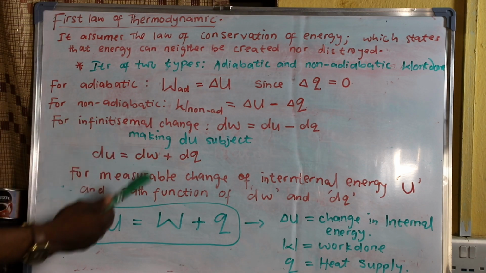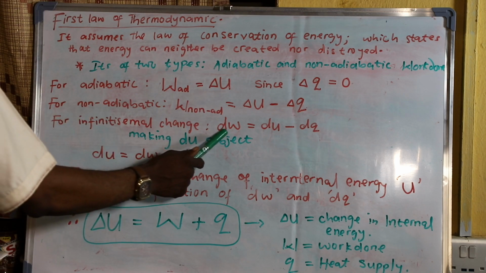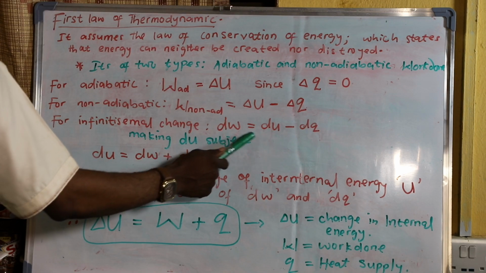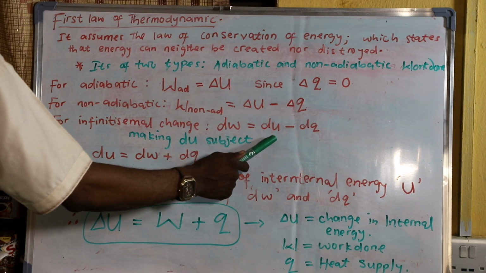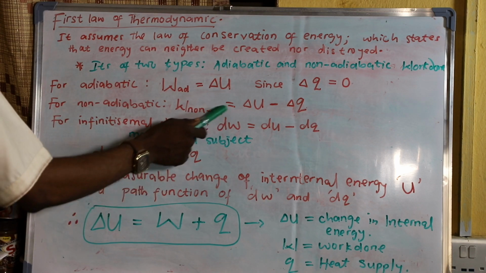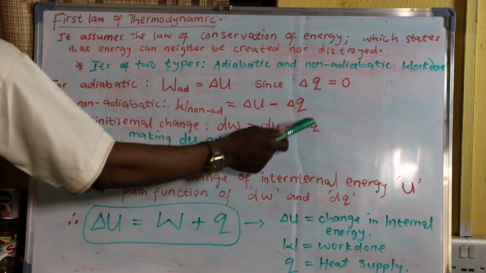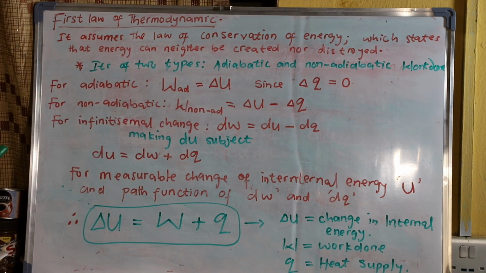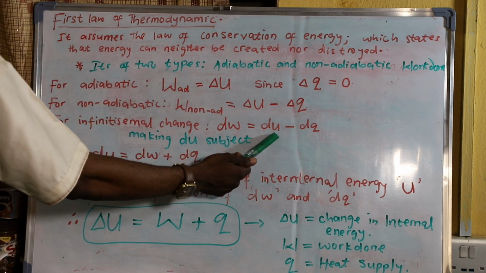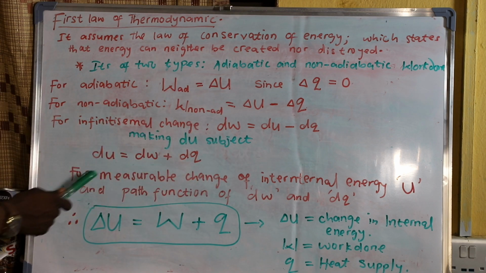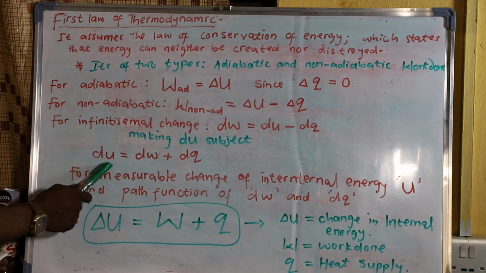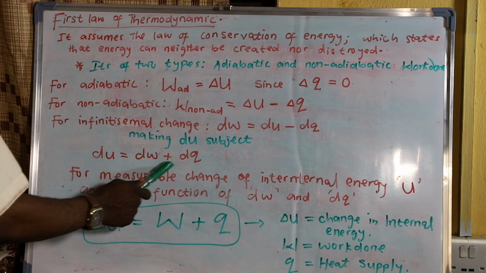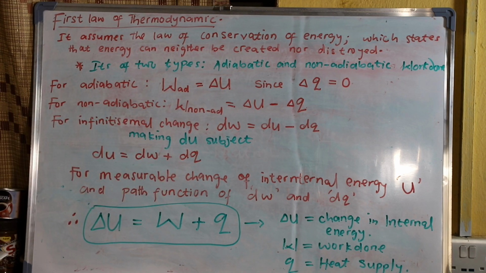So for infinitesimal change, dw is equal to dU minus dq. This small delta shows the infinitesimal change. So now, by making dU the subject of the formula, it gives us dU is equal to dw plus dq.